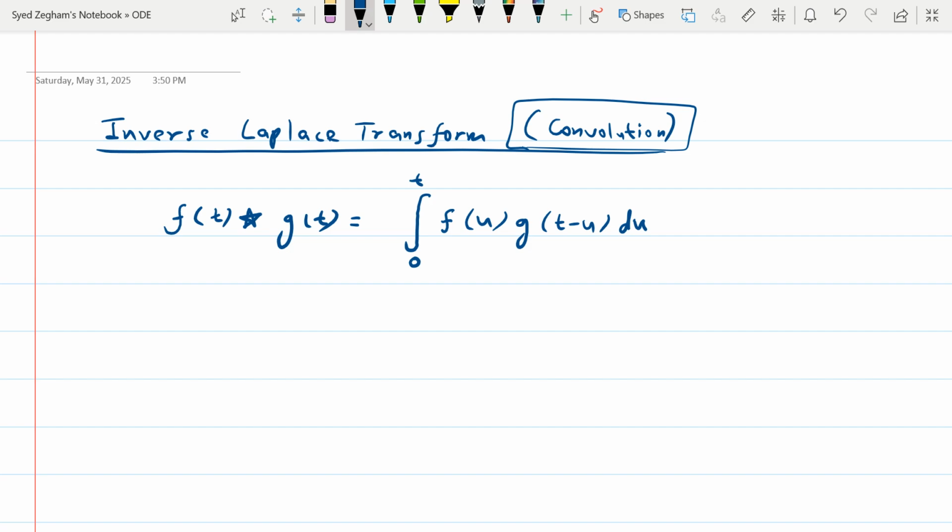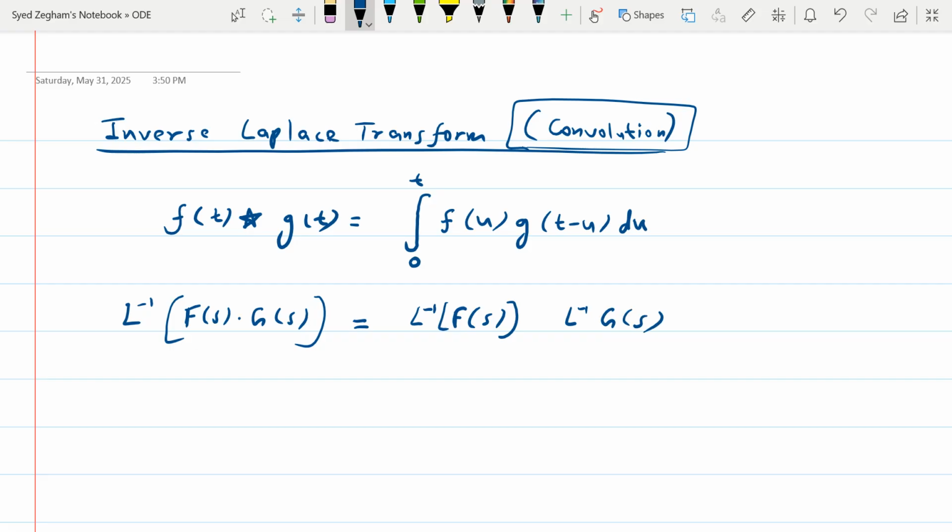And because we are talking about the inverse Laplace transform, we will use our property that L inverse of F(s) multiplied by G(s) is equal to L inverse of F(s) convolution L inverse of G(s).